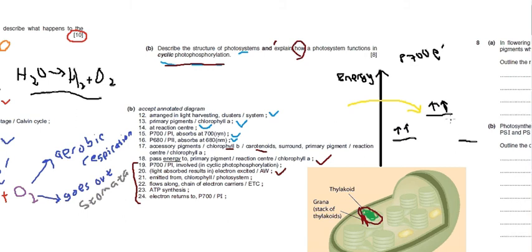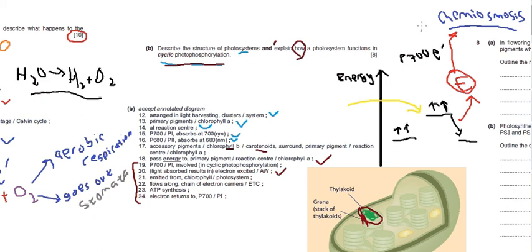When they move to the lower energy level, they emit their own energy, and this energy is used in, if you know this term, chemiosmosis, to produce ATP.